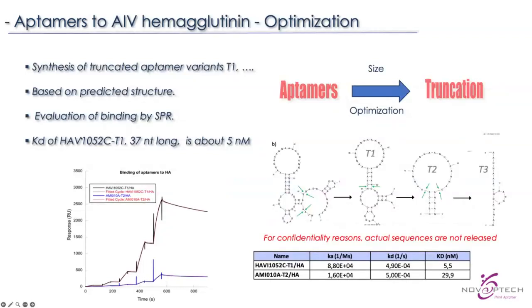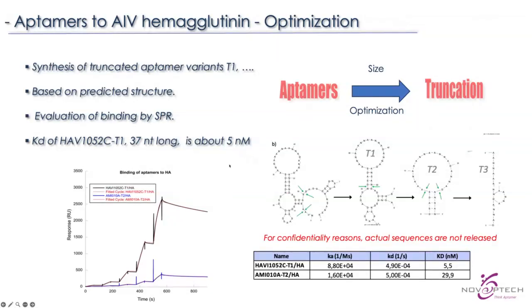For this particular aptamer, we were able to reach a size of 37 nucleotides. The binding constant, evaluated by SPR following the successive injection of several concentrations of hemagglutinin, was about 5 nanomolar, meaning that in this case we were able to improve the binding of this truncated version compared to the parent, full-size aptamer.